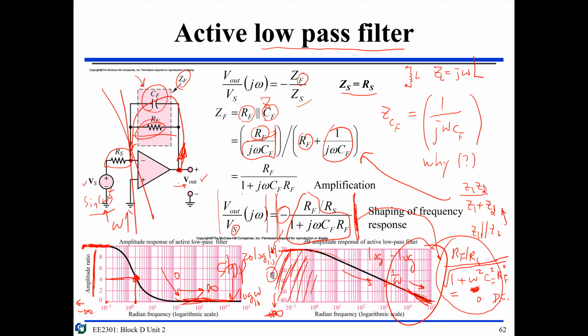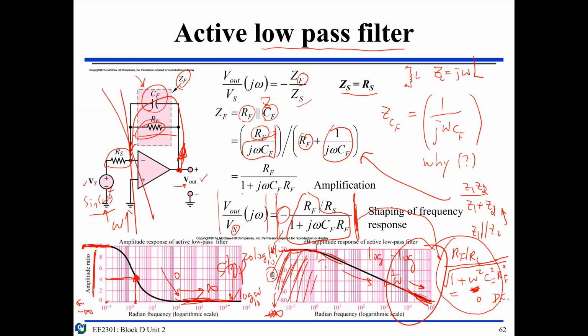Therefore this is called a low pass filter. Now we need to draw a line. Where is pass and where is stop? There must be a middle ground, called the corner frequency, a turning point.